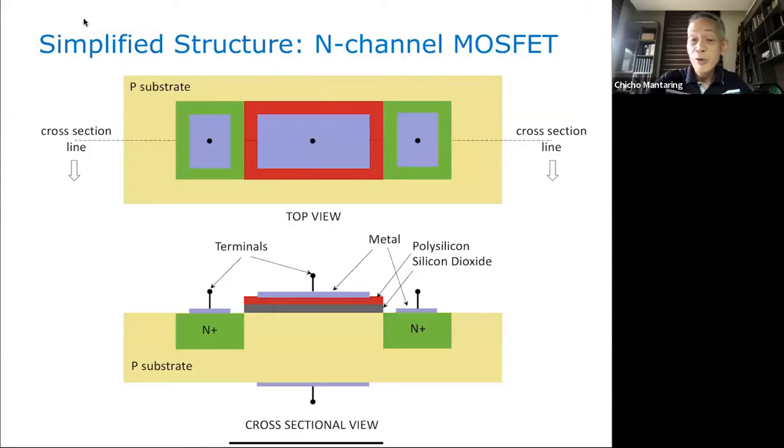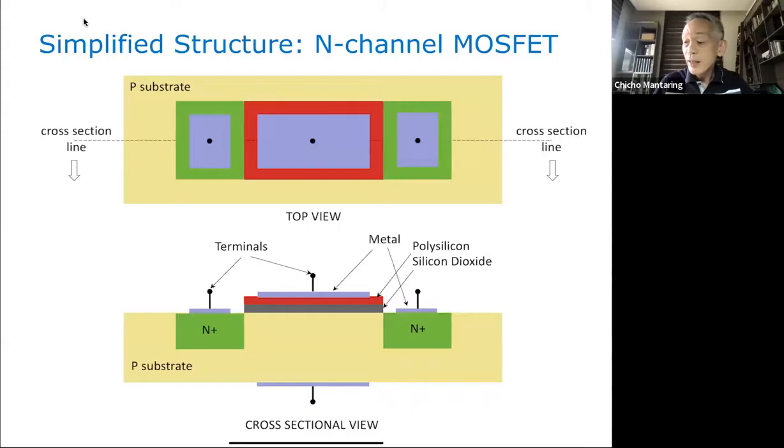Then you have N-type islands that are diffused into the substrate. You might consider this like an island that is diffused on the substrate, in this area and also in this area. From the top, that's diffused, and then it penetrates toward the bottom, and this is how it ends up.